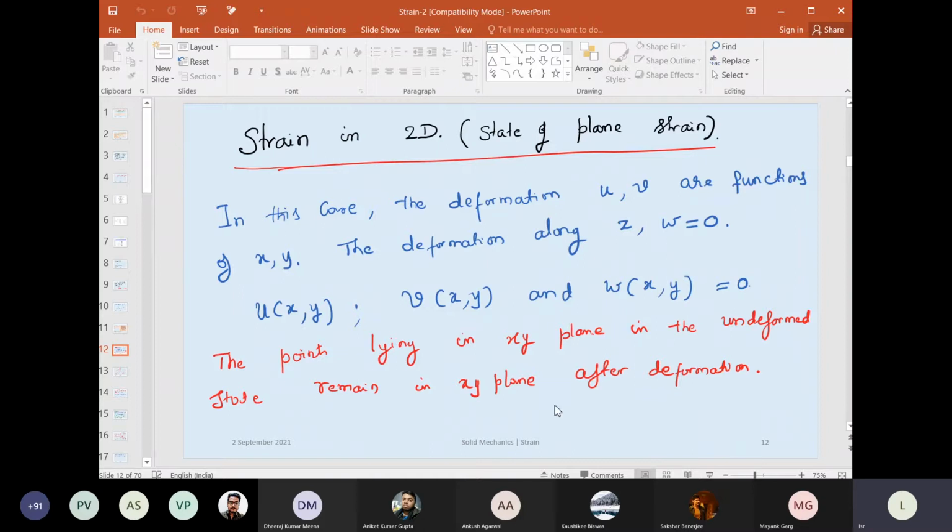If you consider a rectangular element and apply an in-plane load, it will remain in the same plane, but it will also undergo some deformation, because let us say you do not allow deformation in the z direction. You have some constraint in the z direction, as in the case of dams, abutments, or tunnels, where both ends are fixed. So naturally you cannot move in the z direction, so W can be taken as 0.